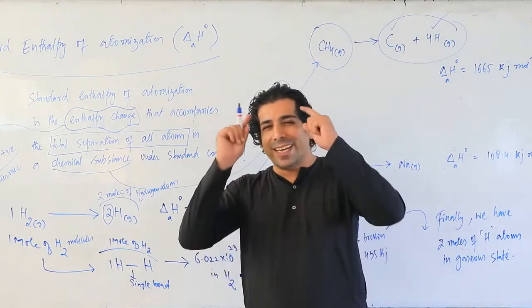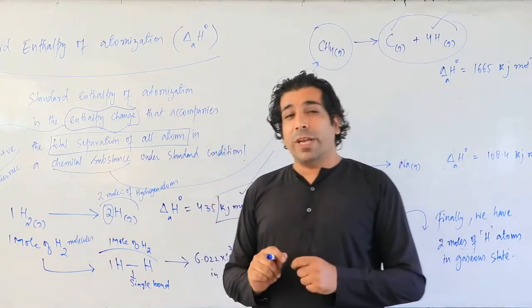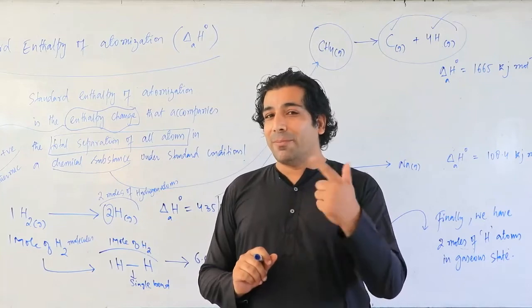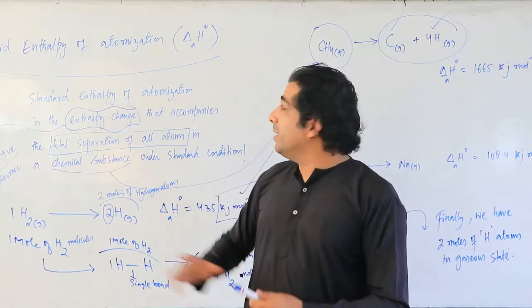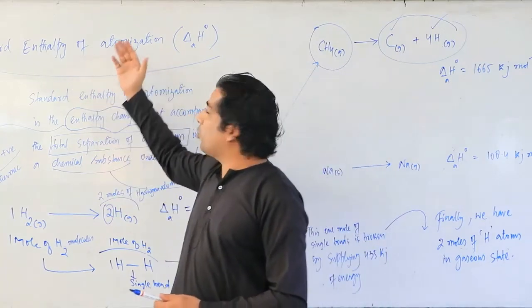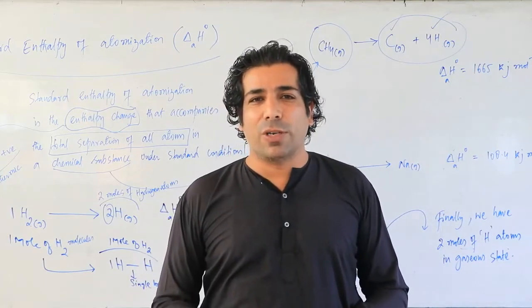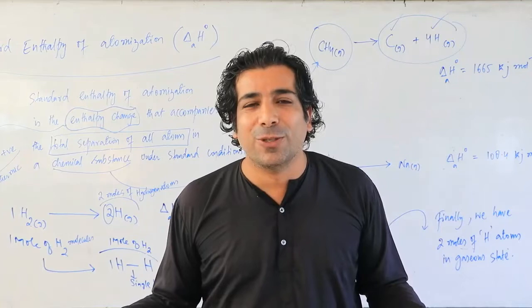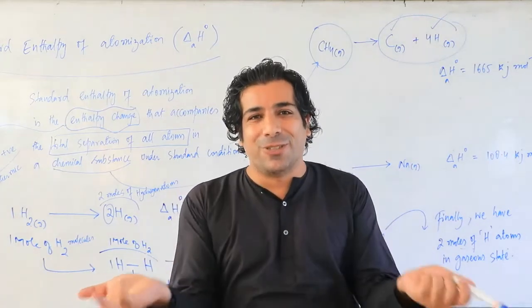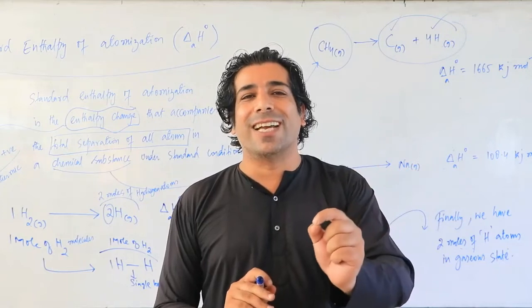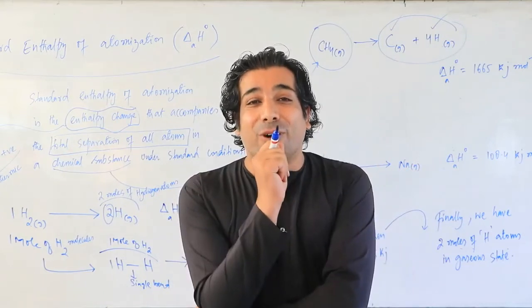Now you will be thinking, sir, we are breaking the bonds, correct? So when you are breaking the bonds, obviously this standard enthalpy of atomization can also be called standard bond dissociation enthalpy. So you can relate it to the dissociation enthalpy also.